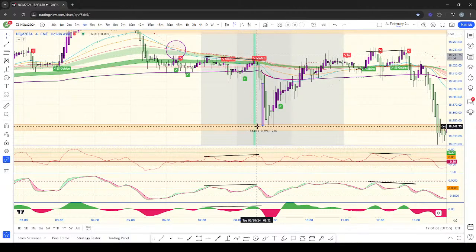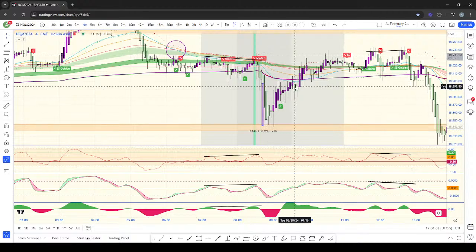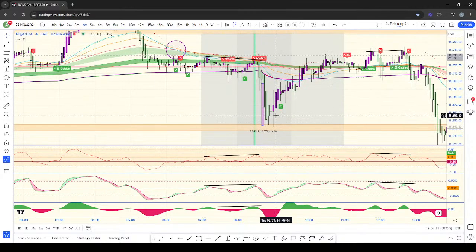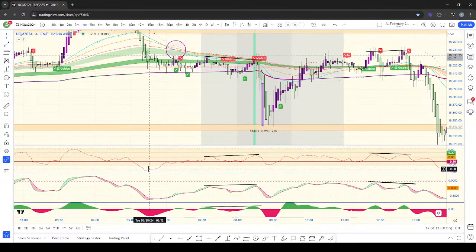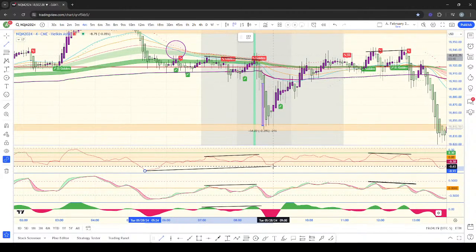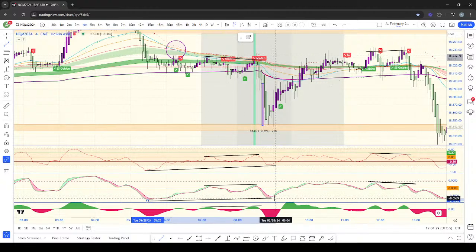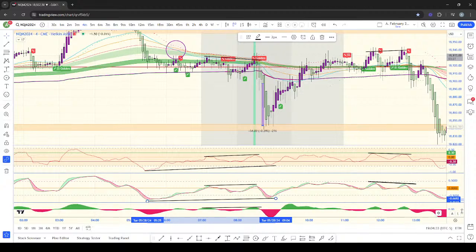What I like to do then is see if I can find some sort of a reversal divergence signal. I look at my oscillators, what's happening right here. And here's one where the oscillator is moving up higher. Same thing on the TSI, but it's not happening on the TTM squeeze, so we'll just leave that there.